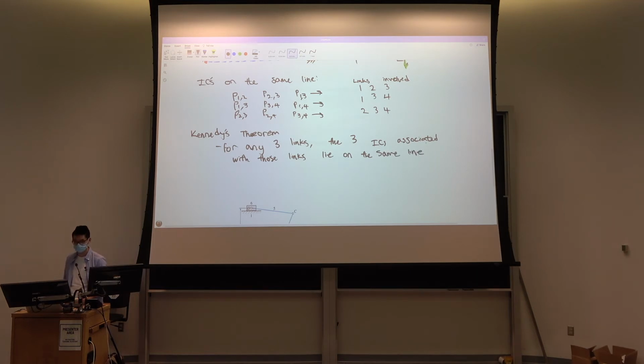So this is a pretty powerful theory. If you take just any 3 links and you find the 3 instance centers associated with those links, they will always lie on the same line.